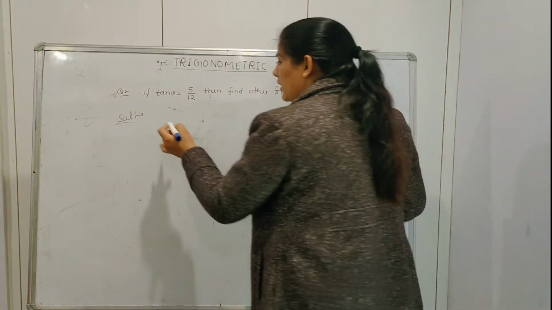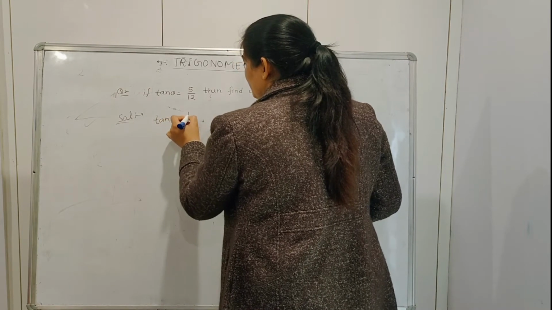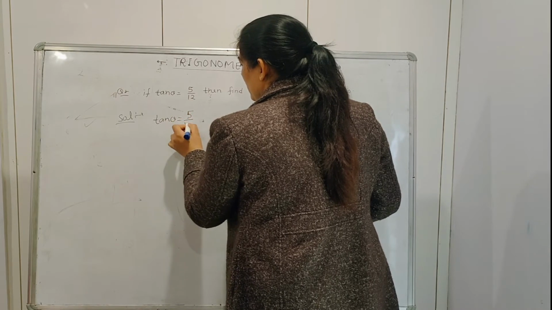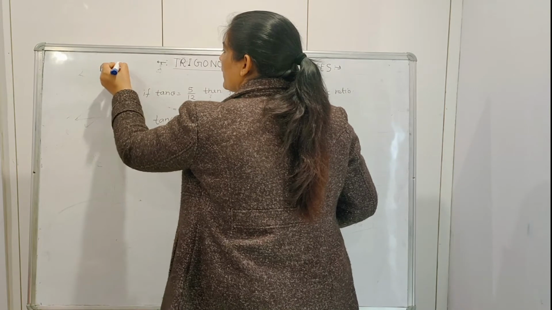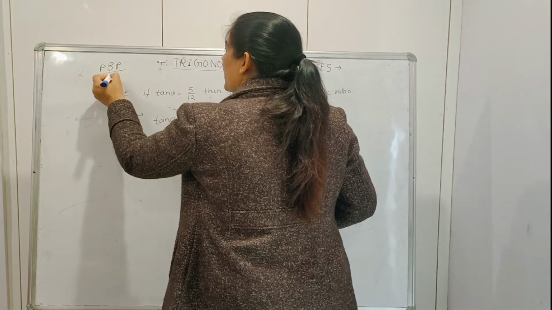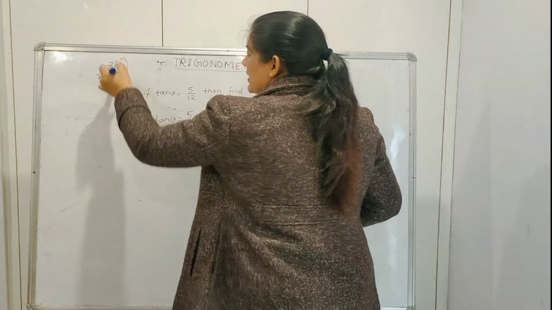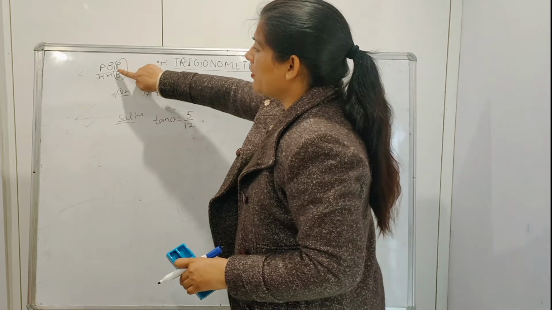First we'll check whether it equals p upon b or something else. Now write the trick here: p b p upon h h b, and where tan comes, the third place, tan equals perpendicular upon base.